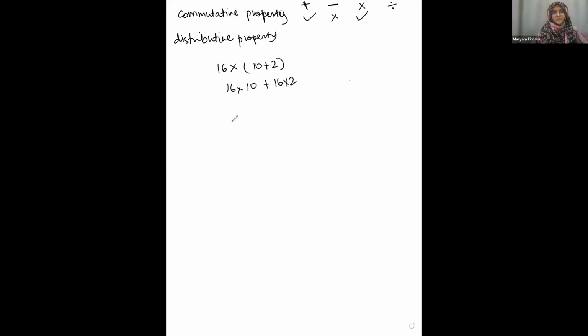How about 16 plus 10, whole divided by 2, equal to 16 divided by 2 plus 10 divided by 2? Sorry, I made a mistake, this should be plus.